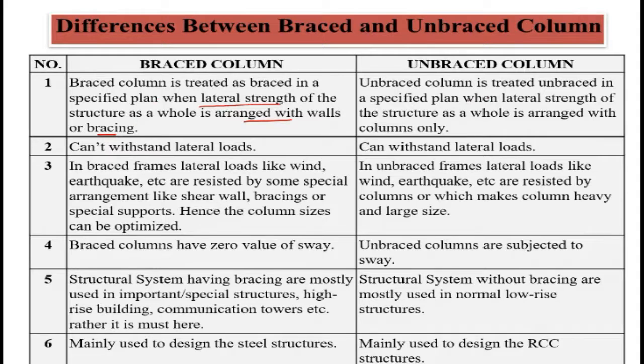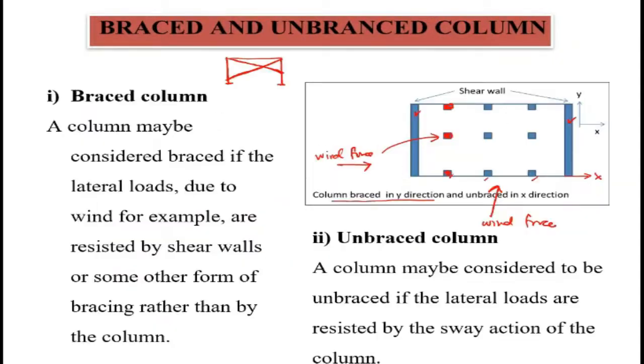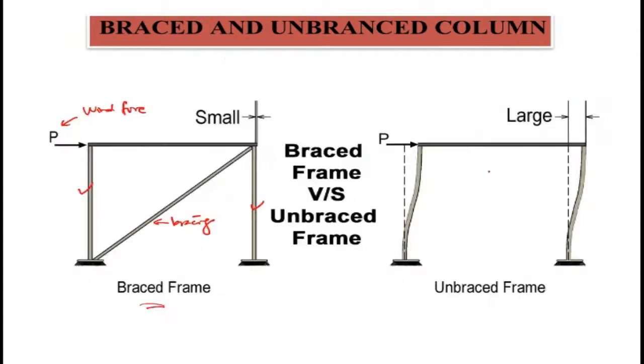Unbraced column pula, when the lateral strength of the structure as a whole is arranged with column only. Kalau unbraced column from the x-axis tadi, no more structure here to prevent the wind force from acted to the column.